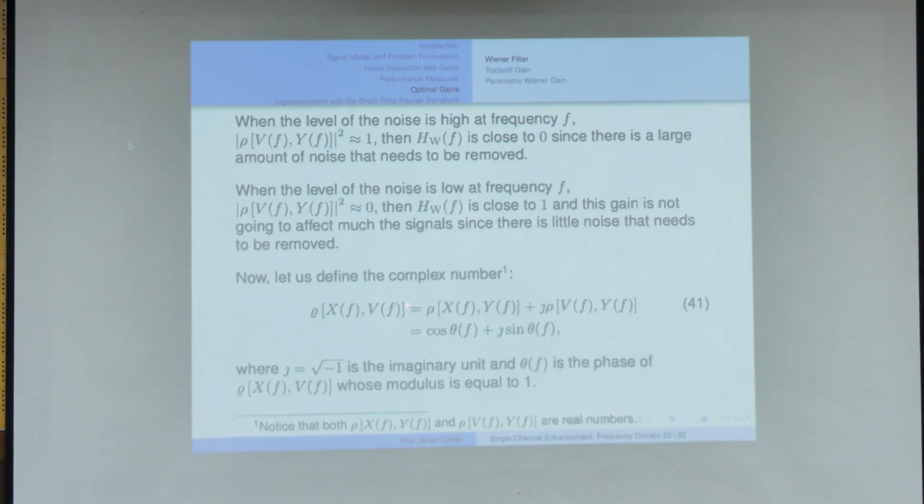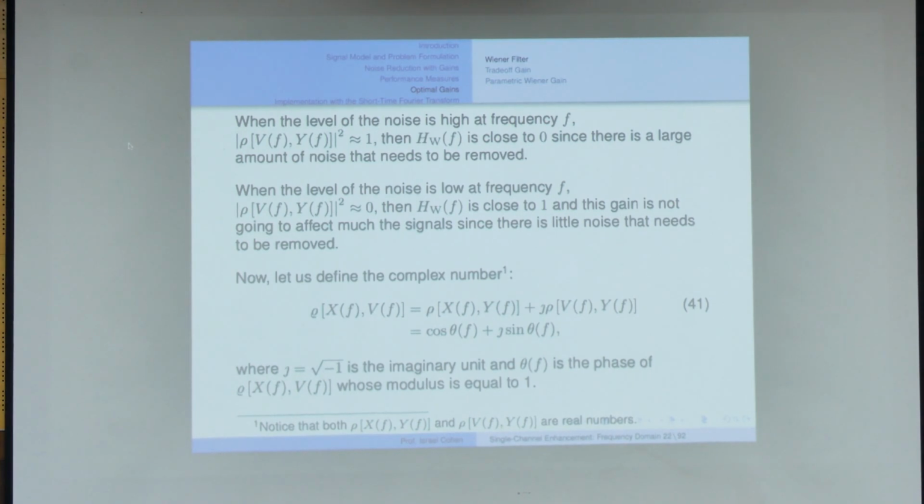This complex number we can define as the coherence between x and y plus j times the coherence between v and y. So you know that the magnitude squared of this plus the magnitude squared of this equals 1.